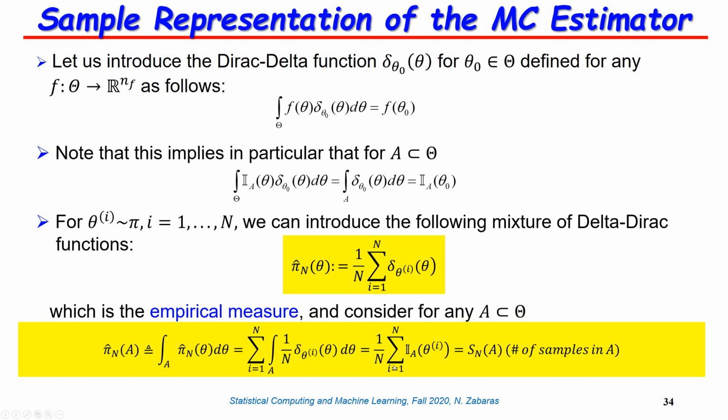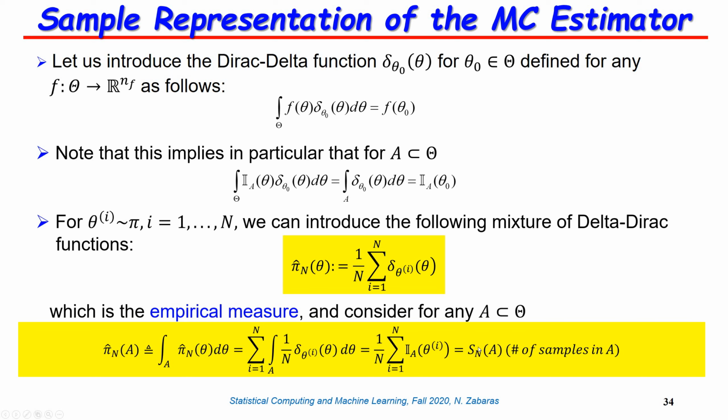So effectively, the sum times 1 over n is nothing else but the number of samples that are in A divided by the total number of samples. So if we compute this empirical measure pi hat of A using this mixture of delta Dirac functions, we get immediately the Monte Carlo approximation that we saw before.